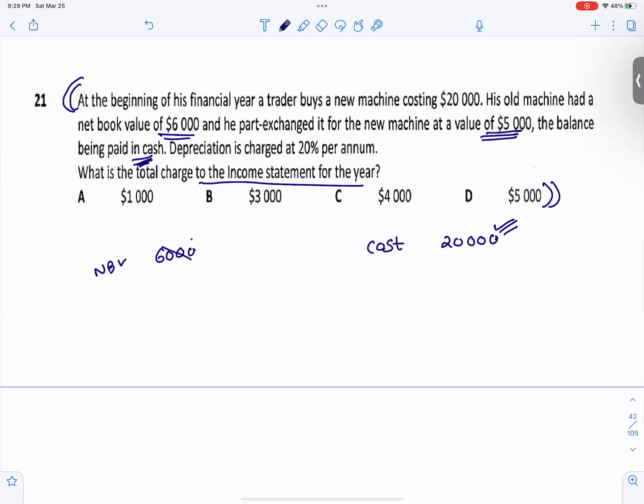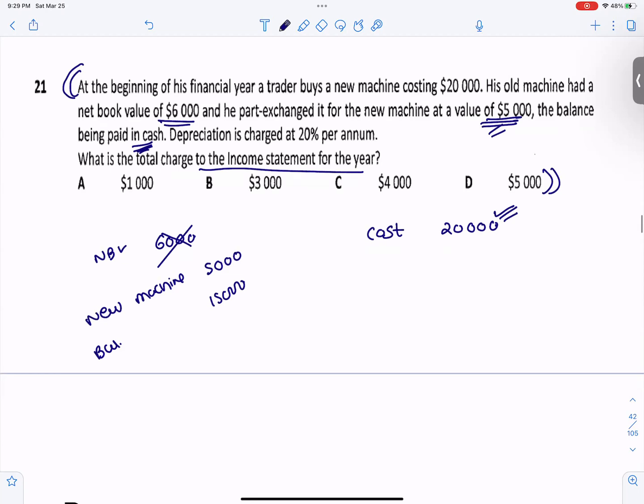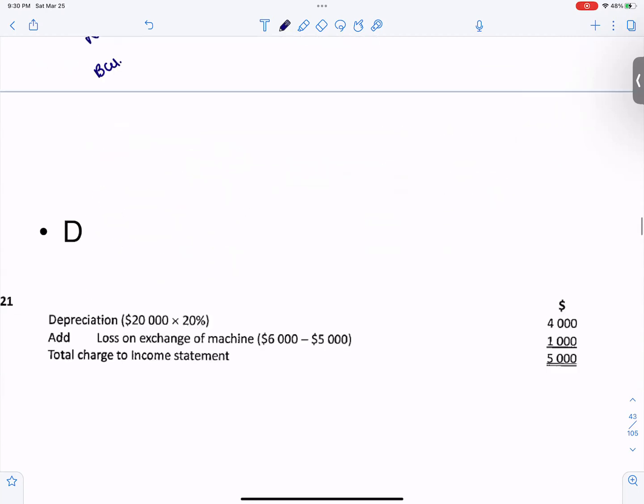He removed this and got a new machine at a value of 5,000. The balance he has paid in cash, 15,000. What is the total charge of depreciation to the income statement?